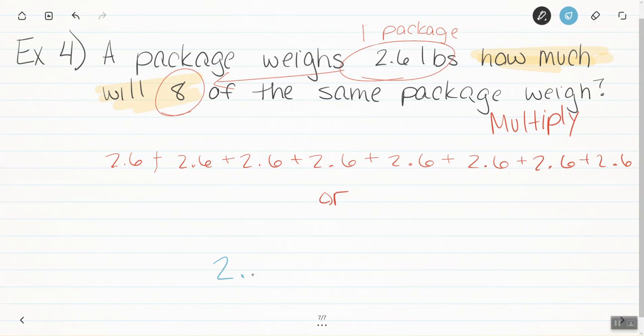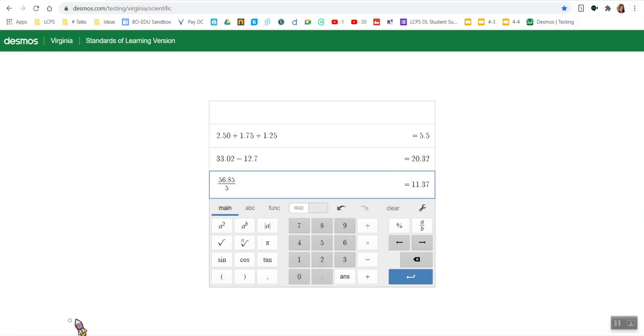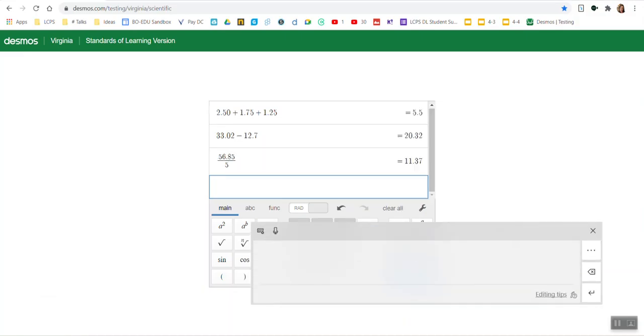So I'm going to do 2.6 times, or let's use a dot, times 8, and just plug that into my calculator. Because I can do 2.6 8 times, adding it together, or I can just do 2.6 times 8, coming to the calculator, just hit enter.